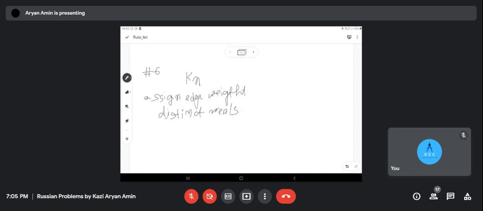Then you have been asked to prove that there exists a trail of length at least n minus 1 in which all the edge weights appear in decreasing order. Does anyone have any issues with what the problem is trying to say? Also, I won't be keeping up with the chat, so if anyone has any problems, please just unmute yourself and feel free to ask.